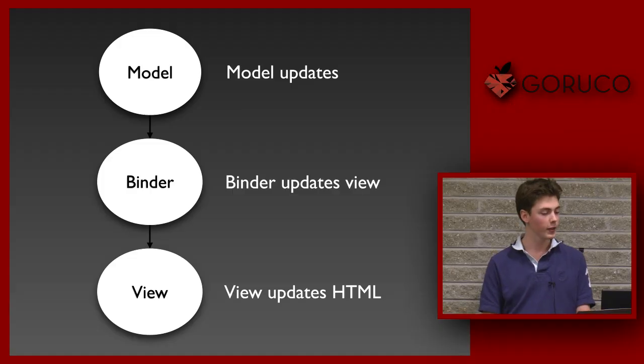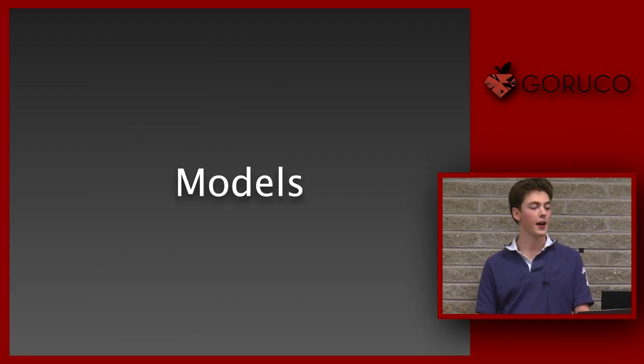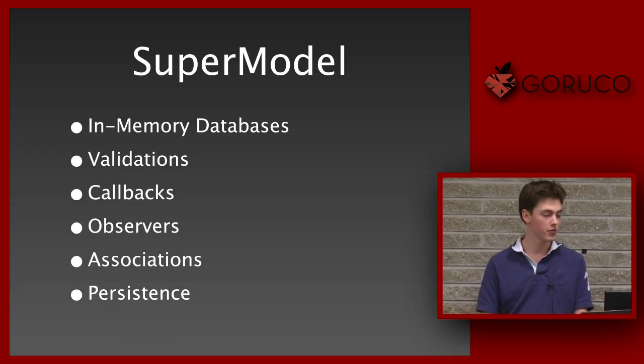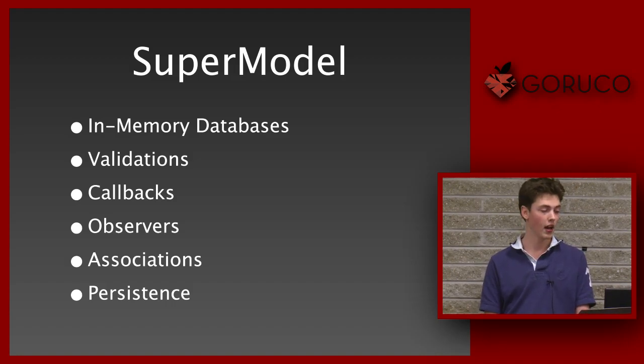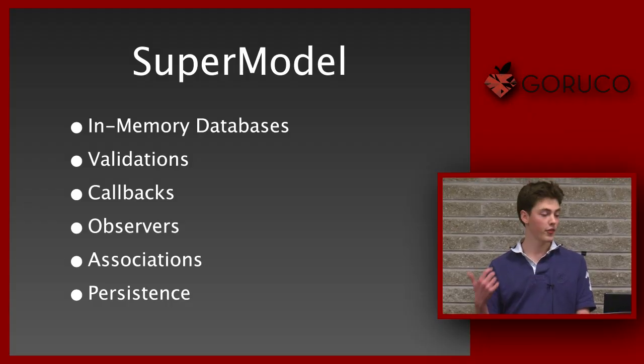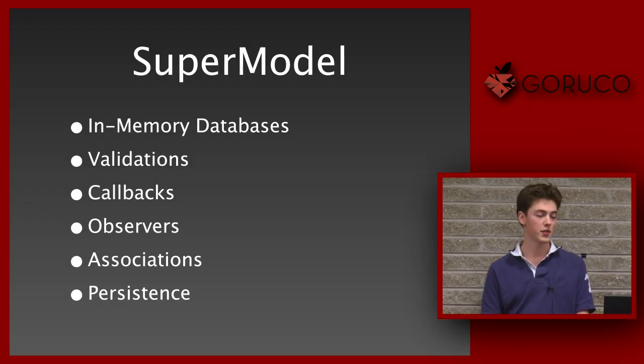So models. I've developed something called Supermodel to use with Bowline. It's an in-memory database, though you don't actually have to use it with Bowline. You can use it in your Rails apps if you want. It's built on top of Active Model, so you get validations, callbacks, and observers all for free. And persistence as well.